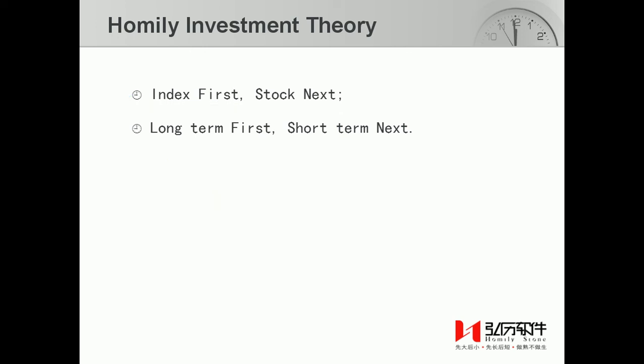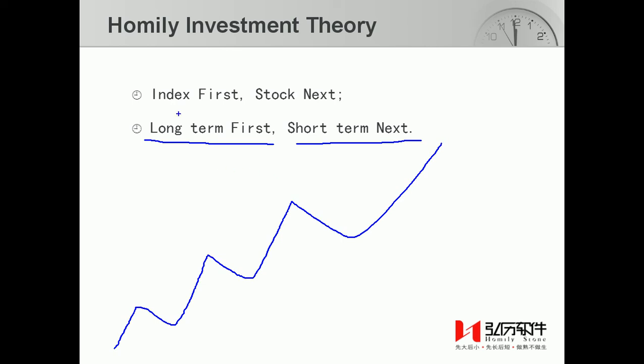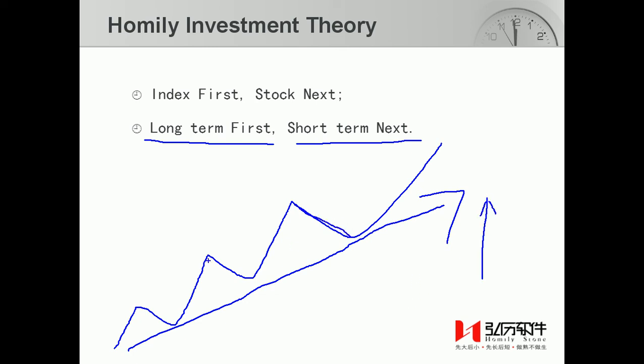Okay, and the second part is long-term first and short-term next. For example, the price of the stock goes up, right? Long-term, the trend is good and goes up. But for the short-term, it goes into correction. The main trend, the long-term trend, goes up, and the short-term trend goes down.